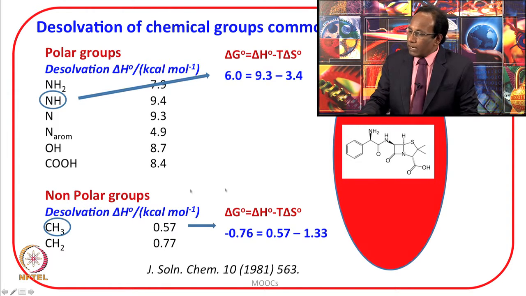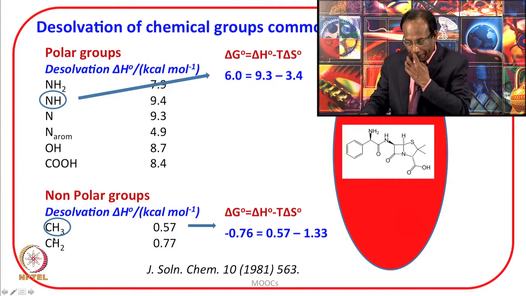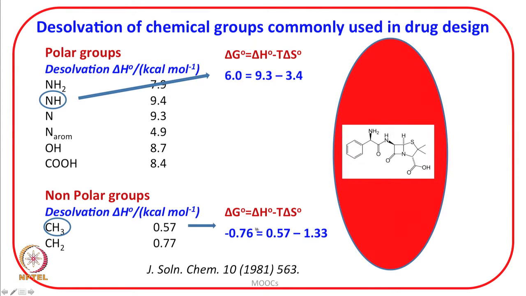And if we take a look here at the desolvation of non-polar groups, delta G naught anyway is small, minus 0.76, and delta H naught, you see 0.57, which is quite small, and delta S naught is also very small positive.